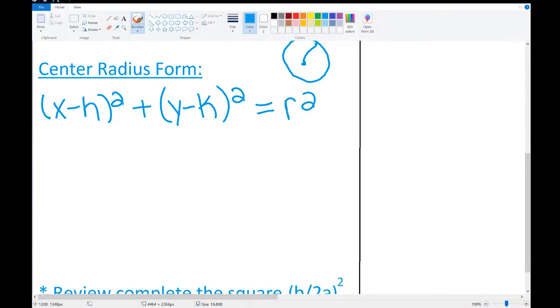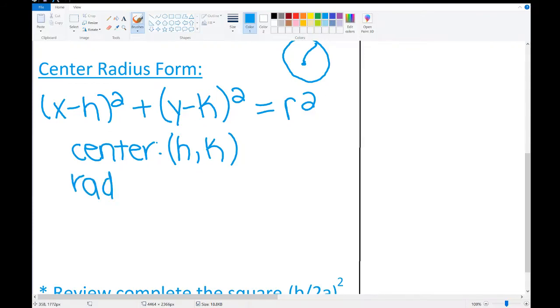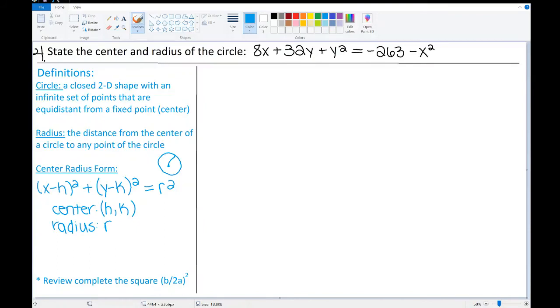R being our radius, and our center would then be (h, k). This form of equation is good for identifying the radius and the center of the circle, which is what we are being asked to do today.